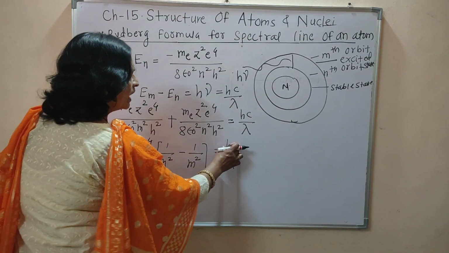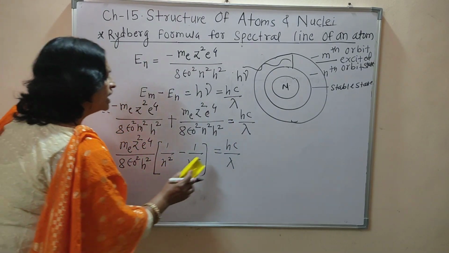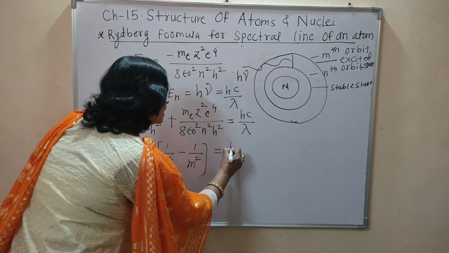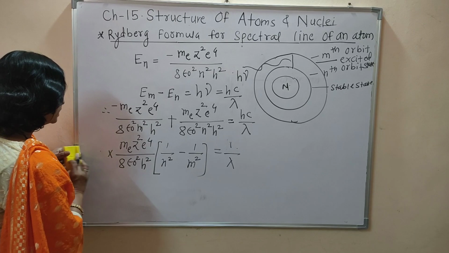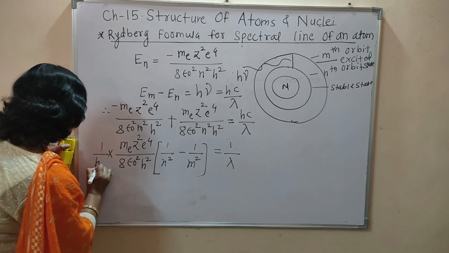Then if we transfer this hc, here we have 1 by lambda, and that is nothing but 1 by hc.